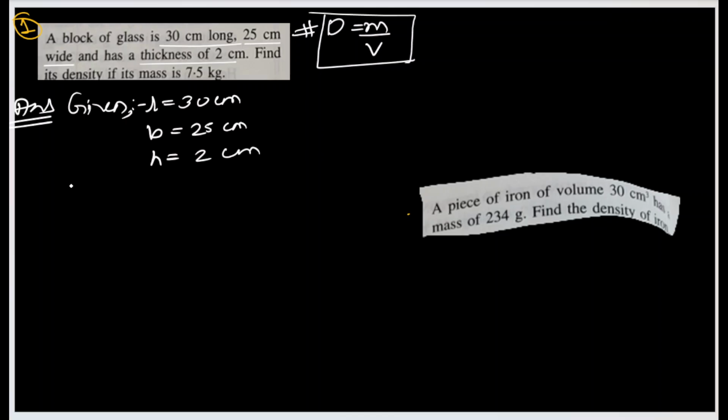Another thing given is the mass of that block of glass, 7.5 kg. What we need to find is the density. You know the formula of density, D is equal to m by v. So what values do we need to put in place of m and in place of v? In place of m, we need to write 7.5 kg.